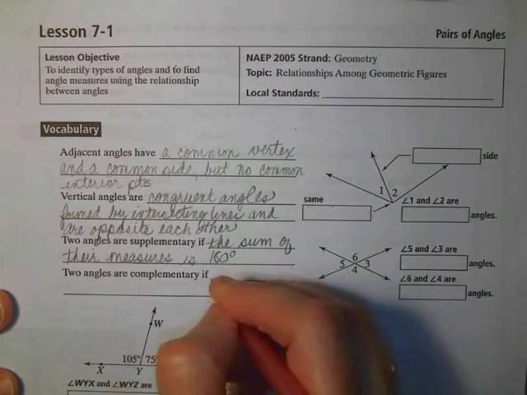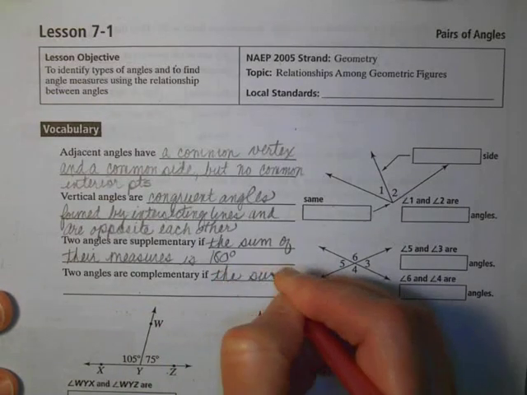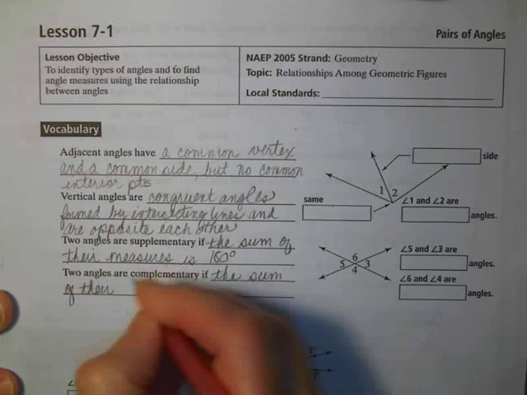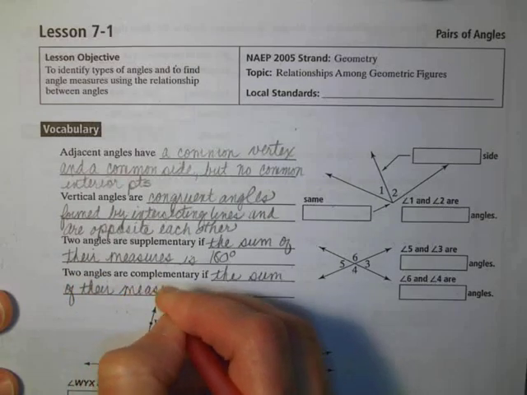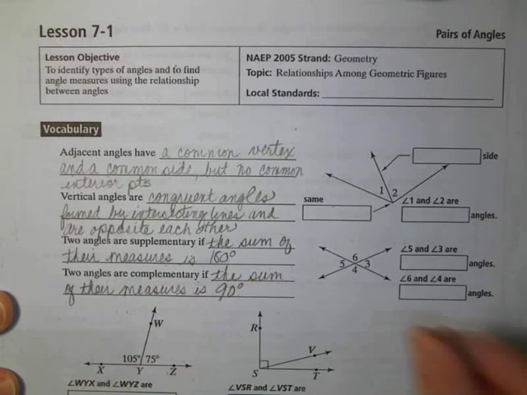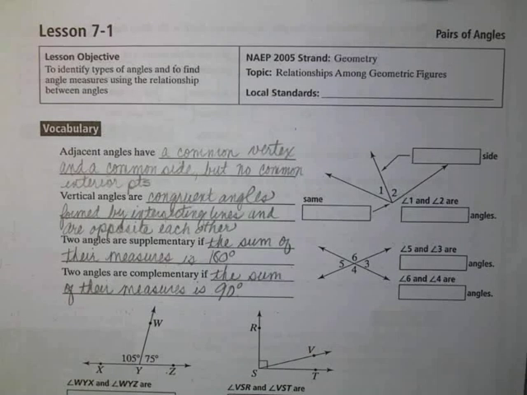Two angles are complementary if the sum of their measures is 90 degrees. Someone pointed out in class, I remember complementary because it's right to give a complement, so a right angle is 90 degrees. That goes with complementary. I thought that was a nice little trick to help you remember the difference between the two.